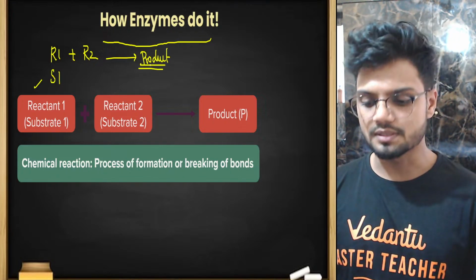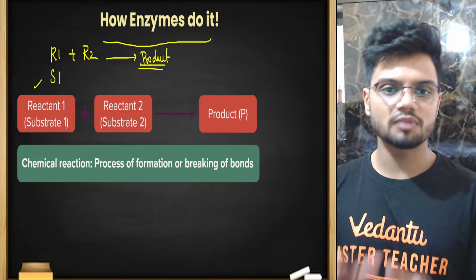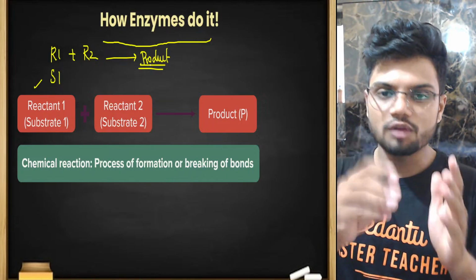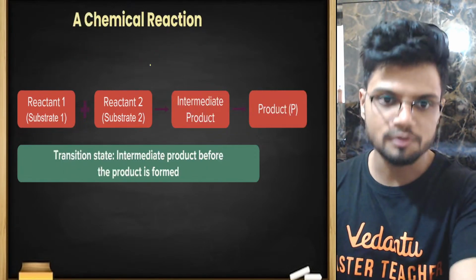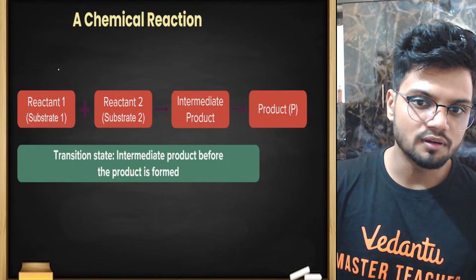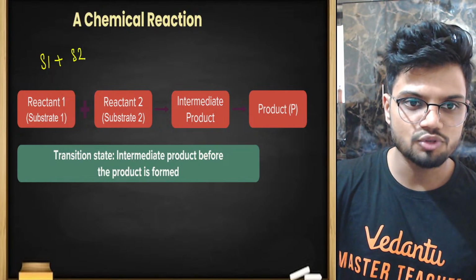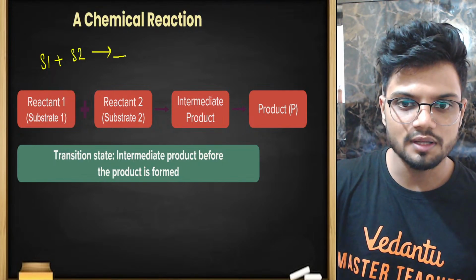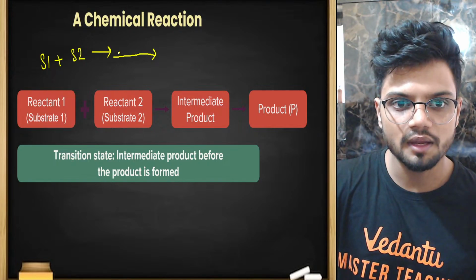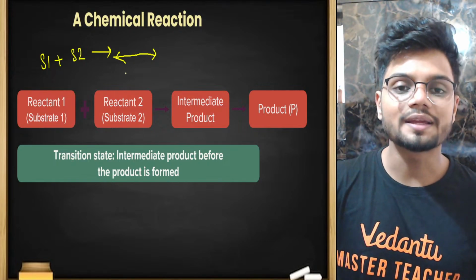But what happens is we don't just have this very simple reaction. There are always certain intermediates. For example, we have substrate 1 plus substrate 2. It will give you something called an intermediate product. Now, what is the intermediate product?